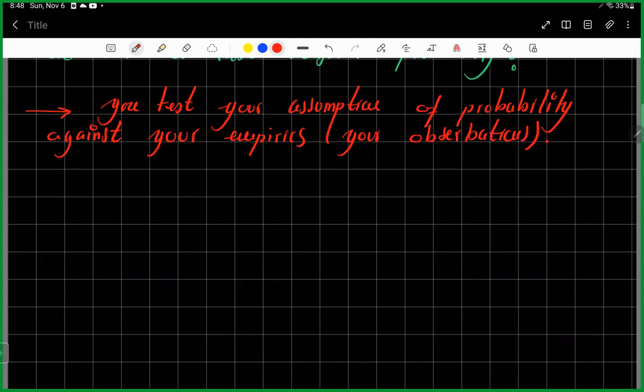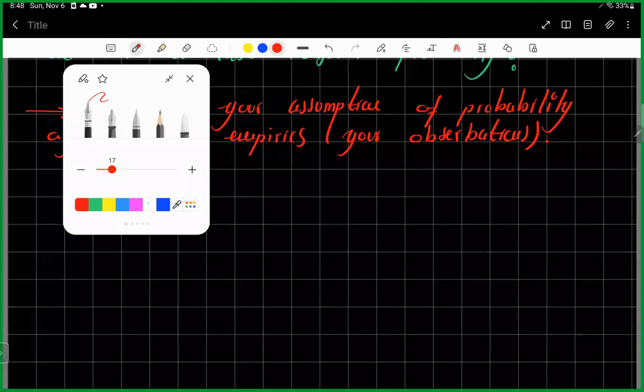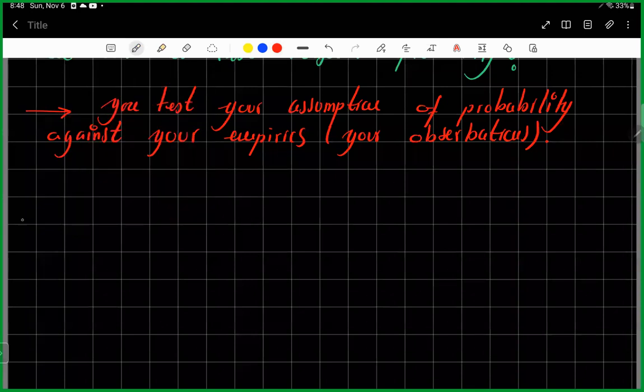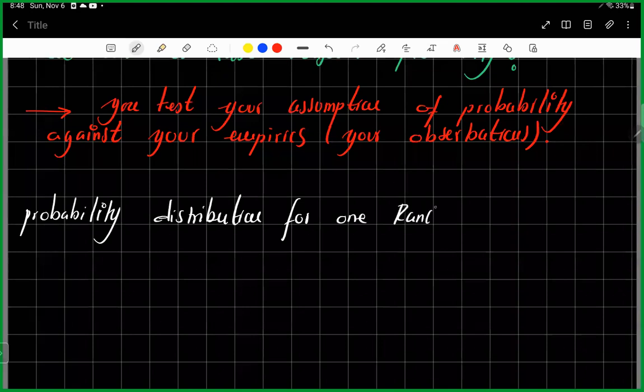Let's start here. One random variable: the probability distribution for one random variable.